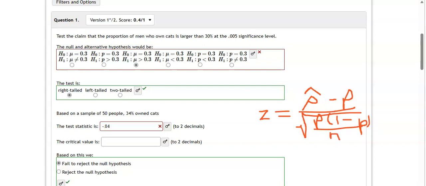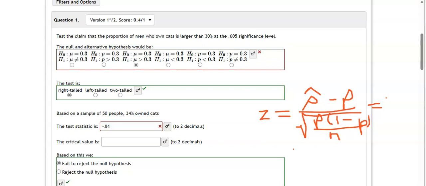Our p hat is the 34% we got. Now, if it doesn't give you p hat, it might say something like, based on a sample of 50 people, 13 owned cats, and you would do 13 divided by 50 to give you that sample proportion. But in this case, it gives it to us. So I'm going to put it down here.